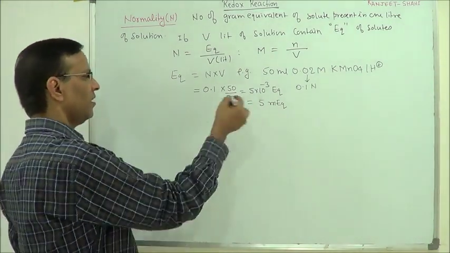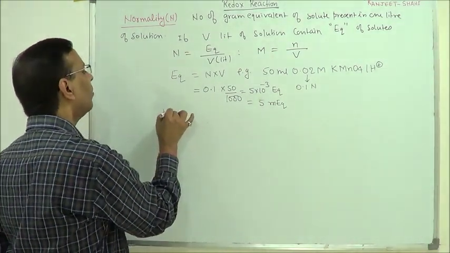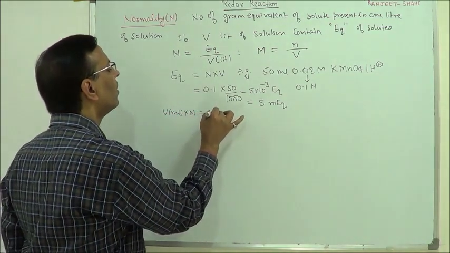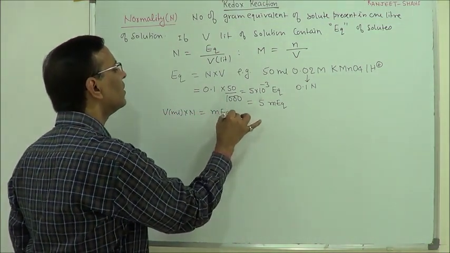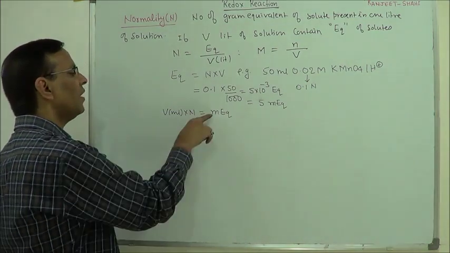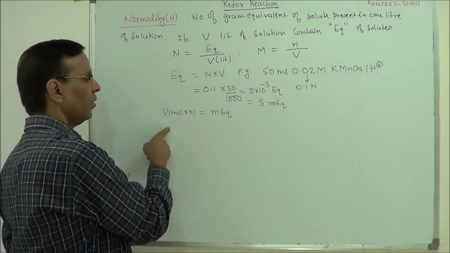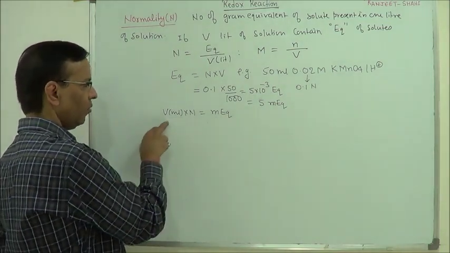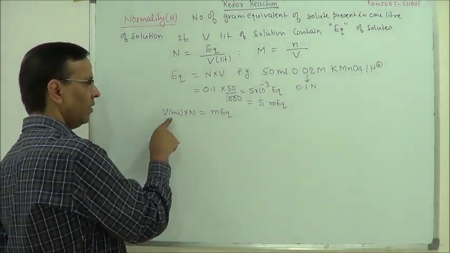So we can redefine: volume in milliliter multiplied by normality gives milli equivalent. So if we divide milli equivalent by normality, we obtain volume. So these three can be related: milli equivalent, volume, and normality. Here volume is in milliliter.